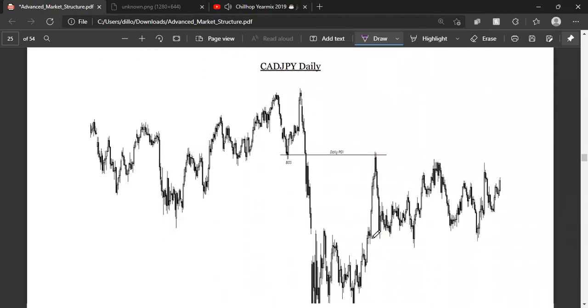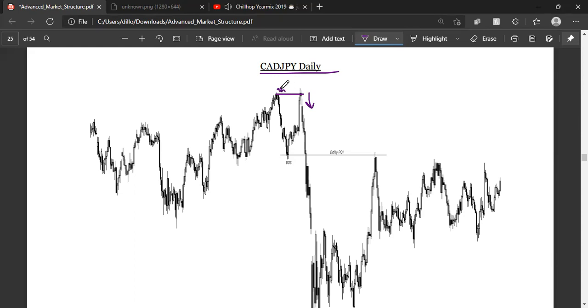So next example, we have CAD JPY on the daily time frame. This looks nice. This looks pretty juicy as well. These setups are nice. So look right here, right? Kind of got a little stop hunt, just a baby one, just a minor, right? I mean, it's not very minor, but you know, just a small stop hunt, right?